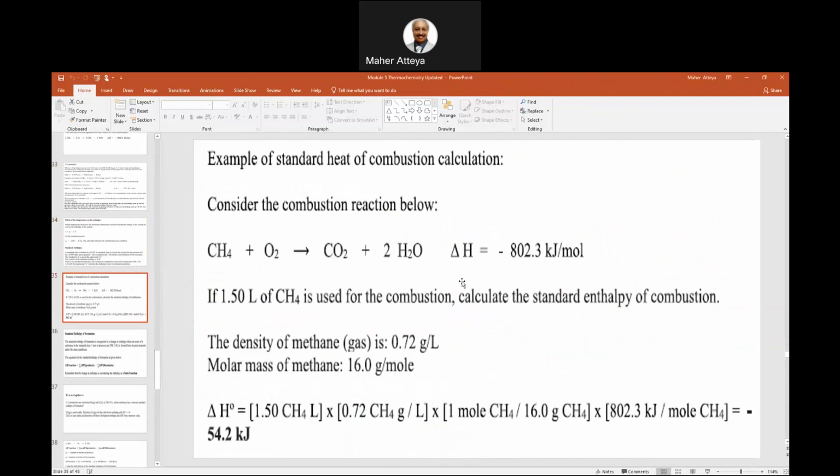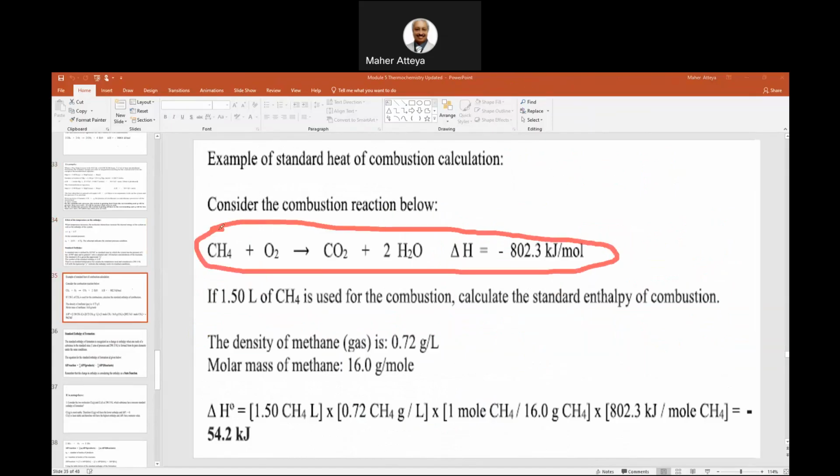So here's an example of this, and it's a little bit tricky because this time they give you the combustion reaction. Look at this. They give you the whole combustion reaction, correct? What else is given to you? What type of reaction is this? What type of sign do we have here?